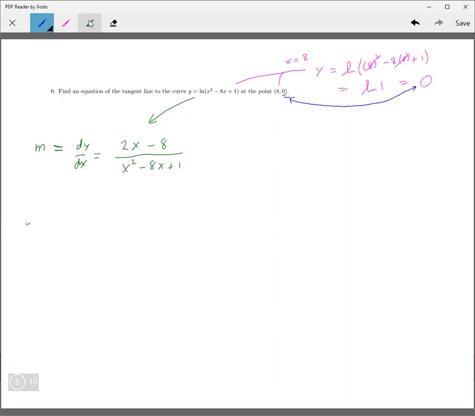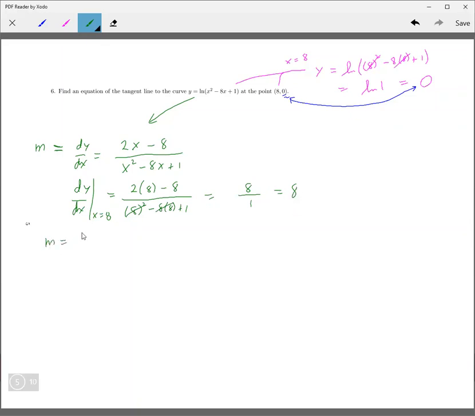But anyways, we are after x equals 8. So you want to plug an 8 in here for x. And so that's 16 minus 8, that's 8. And then this reduces to 1, so it's 8. Okay, so the derivative is 8.